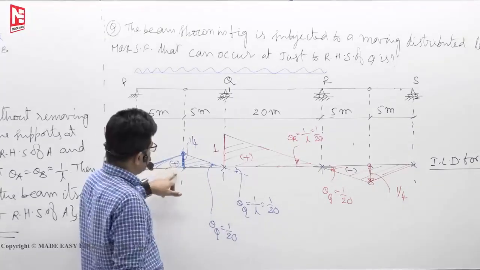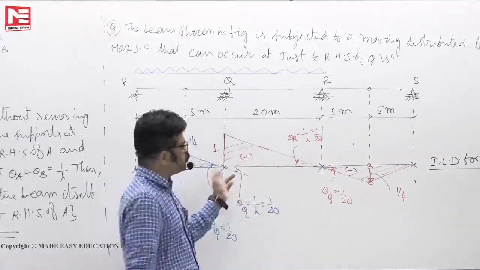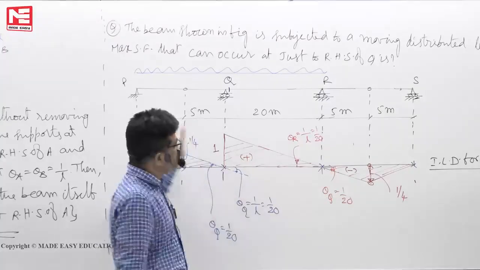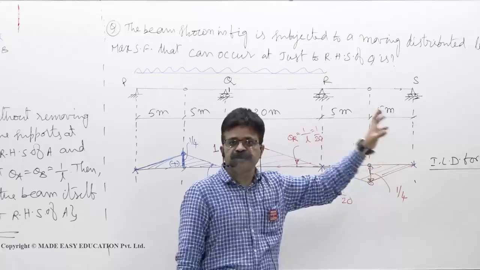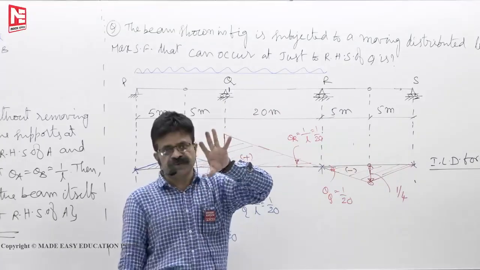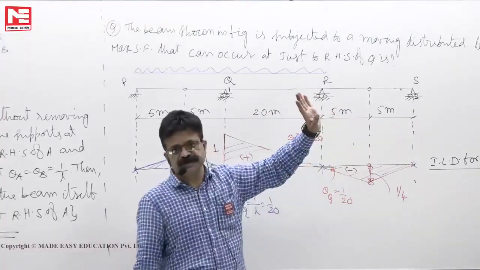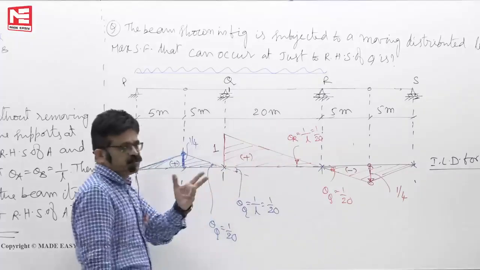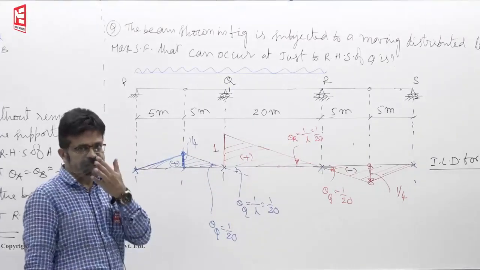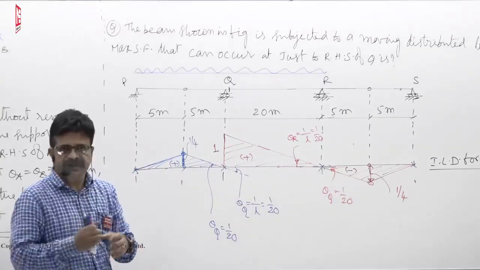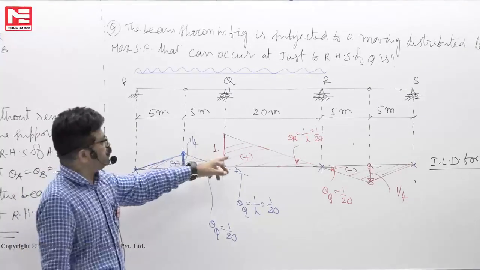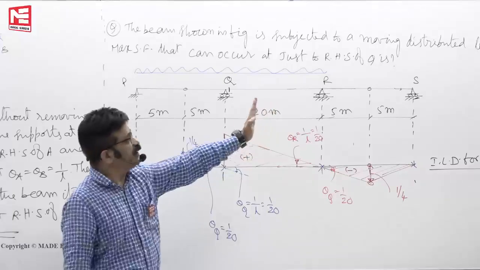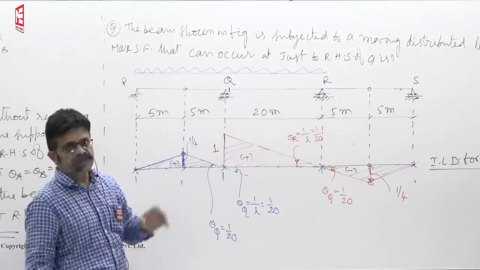So if positive, negative, positive comes, then you have to see which positive area is more, then ask the driver to move up till the end. You have to keep the positive UDL at the RS zone only, if at all this area is maximum. But in this case, no such issue because only 1 minute of time is there. How to split the load, not necessary to deal with. So positive area, put the load at the PQR zone.